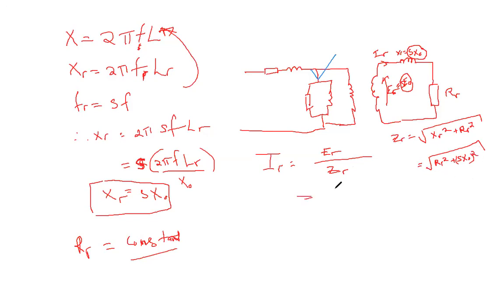Since ER is equal to S E naught, I can write it like this, and this is our rotor current.